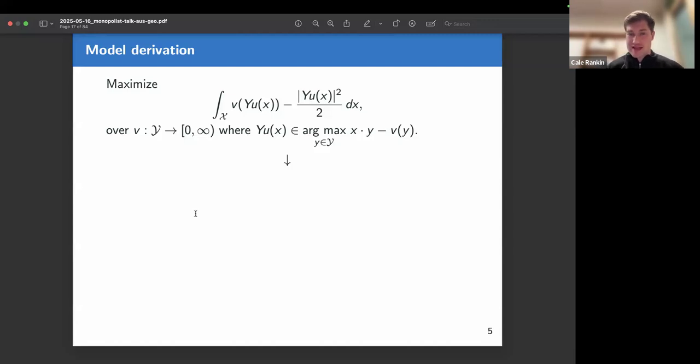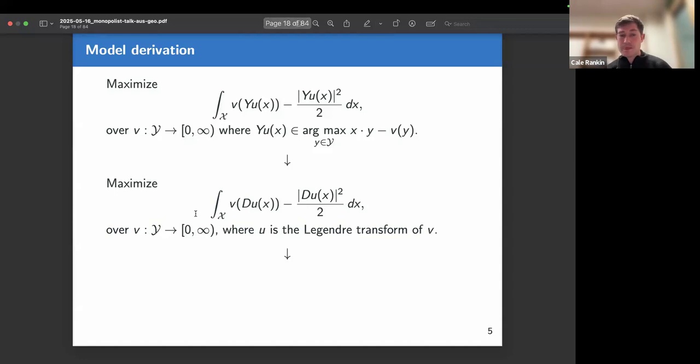But now we recognize that max or sup of x dot y minus v of y is a Legendre transform, and that attainment, that y_u of x, is going to occur at du of x. So I can rewrite my problem. It's maximize the integral of v of du of x minus du of x squared on 2 over my price menus v, where u is the Legendre transform of that function v.